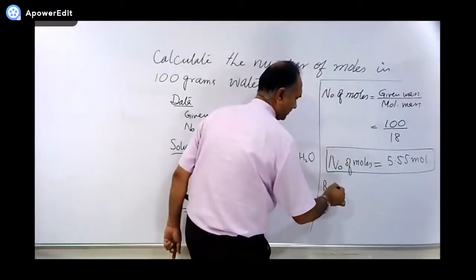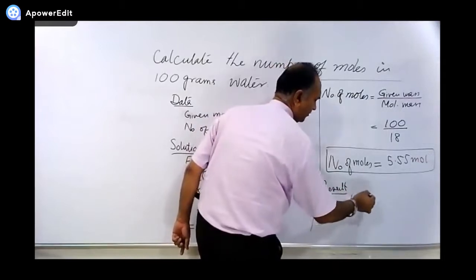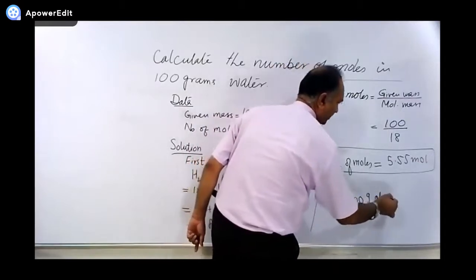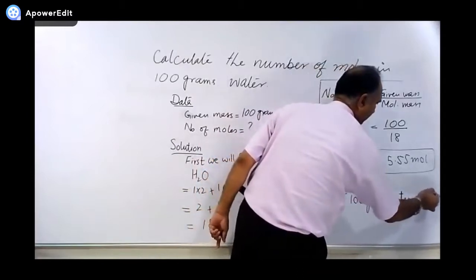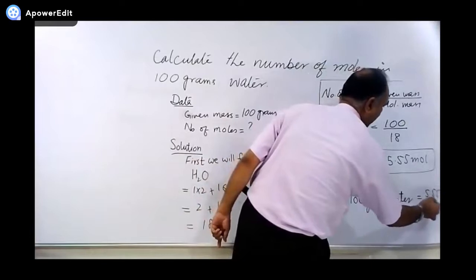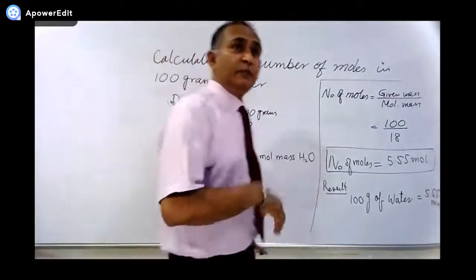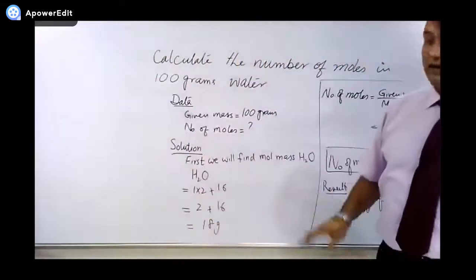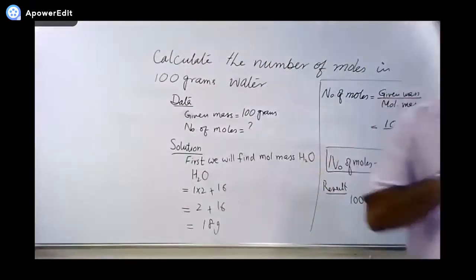Result, 100 gram of water is equal to 5.55 mole. So just practice it. You will be able to understand it quite easily.